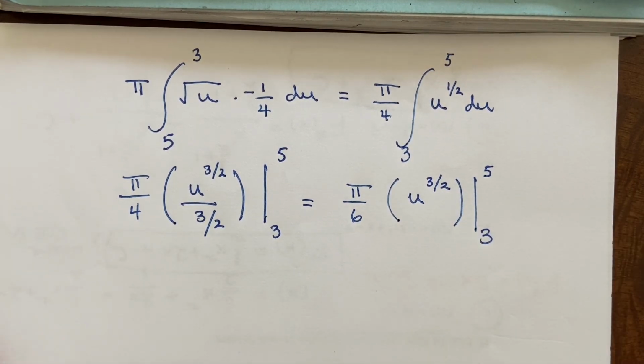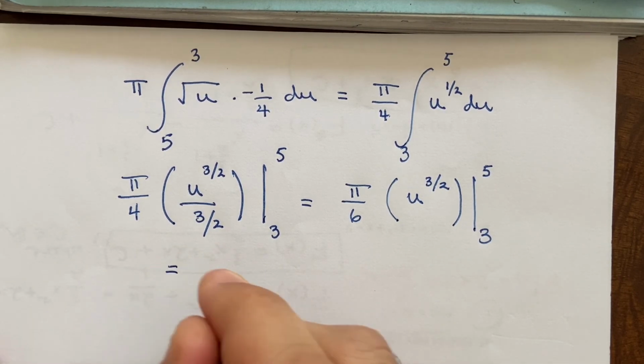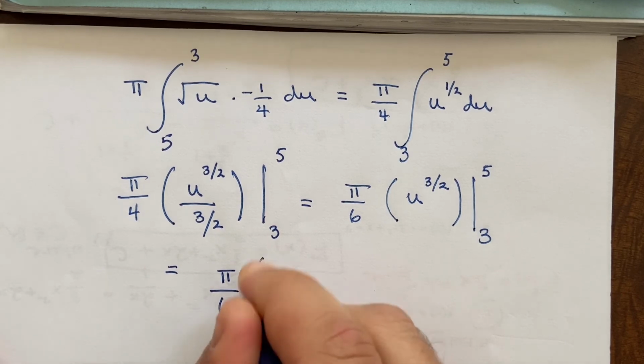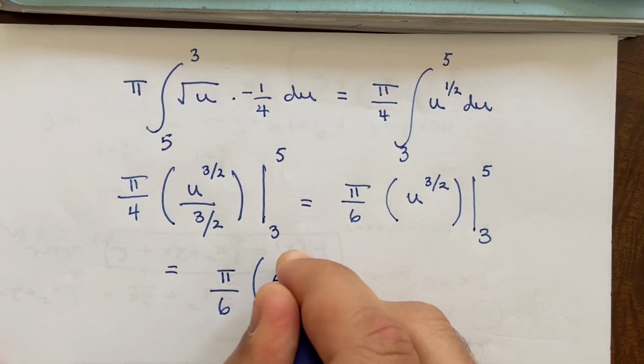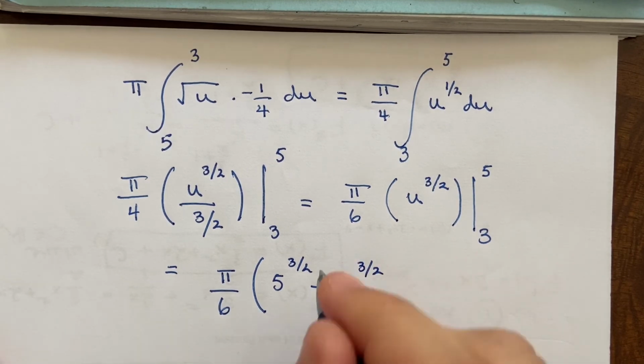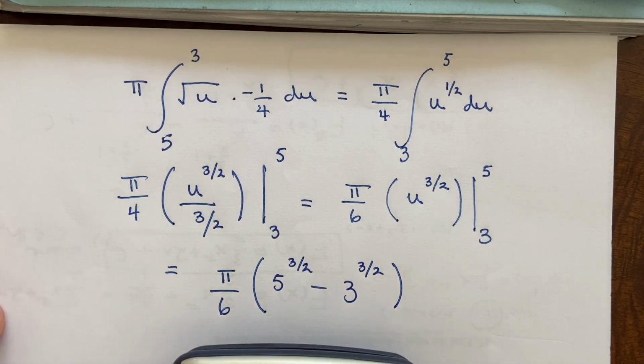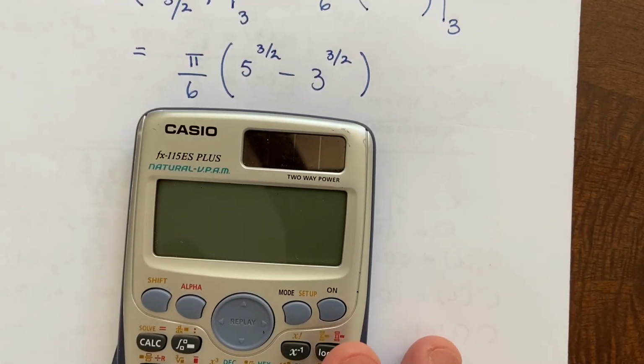And then it said way back when to round to 3 decimal places. So pi over 6 times 5 to the 3/2 minus 3 to the 3/2. So that would be the exact amount of square units in that surface.